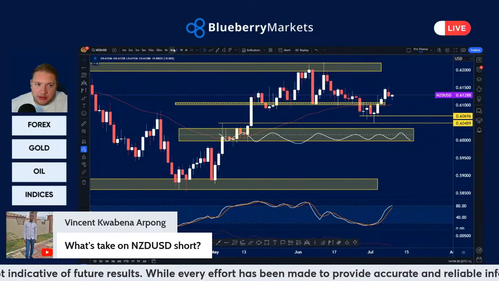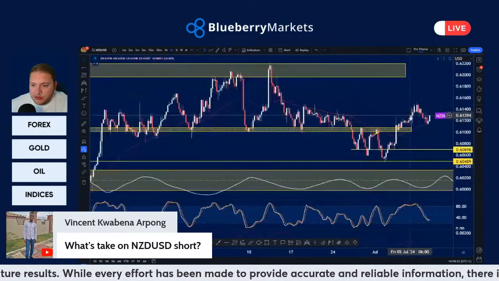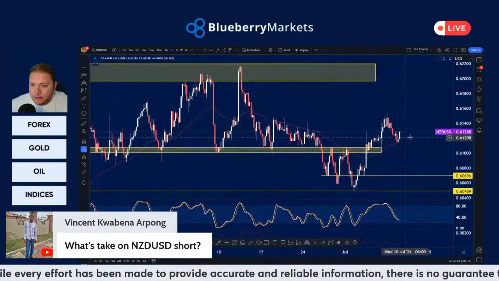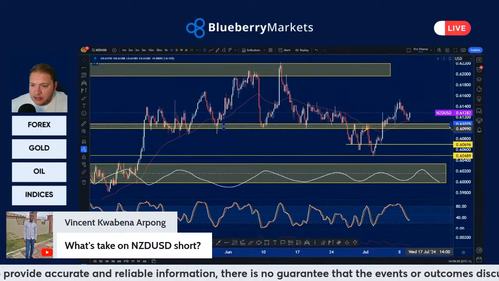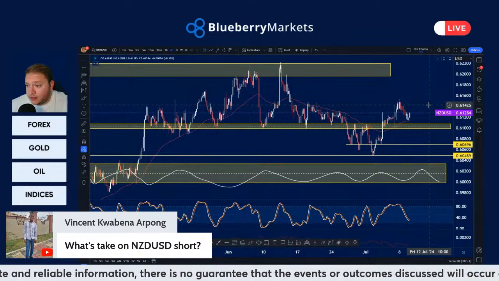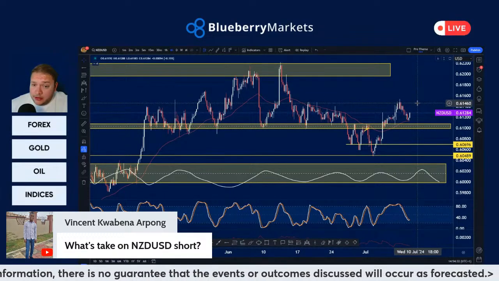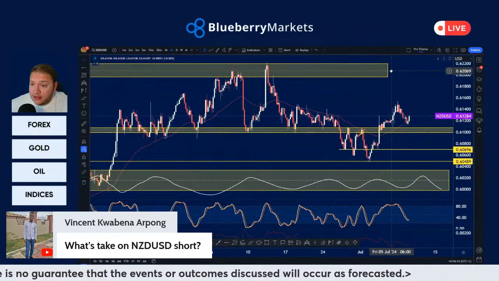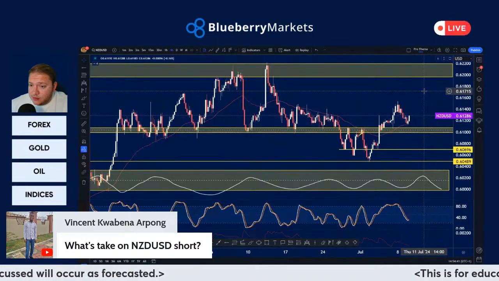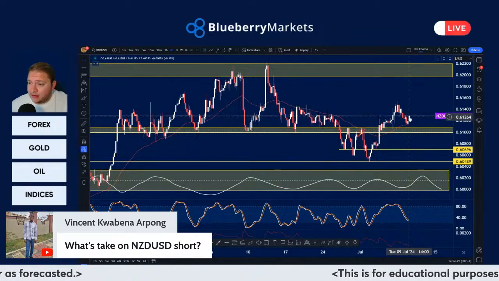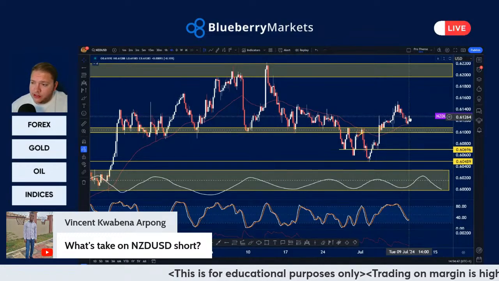So do I think Kiwi's a strong currency right now? Not necessarily. But is it a currency that I want to go and short against the US dollar? No. Dollar's very clearly on the back foot at the moment from a fundamental perspective. Lots of bearish data last week, and because of the lack of dollar news this week, we could probably see a continuation of that.